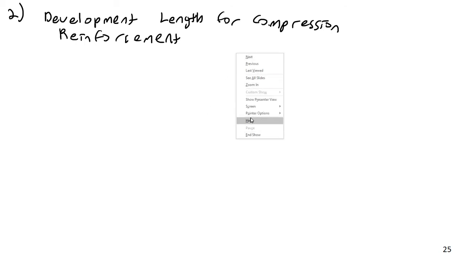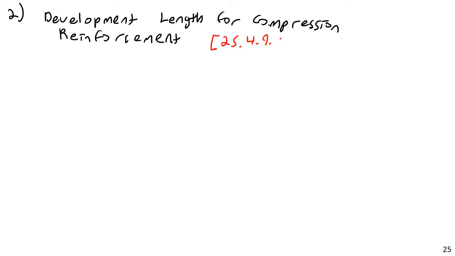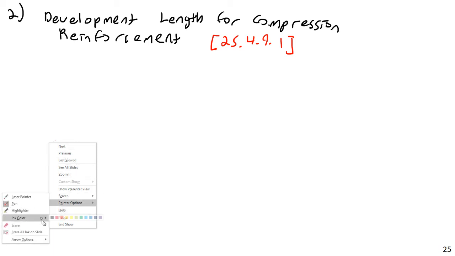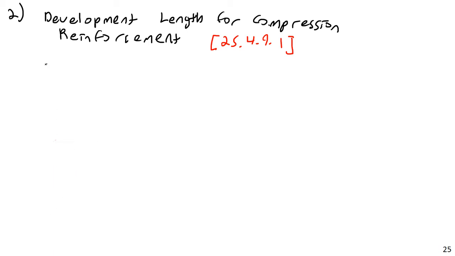And this one, thankfully, I'm not going to have to spend too much time explaining. The equations for this are found in section 25.4.9.1, and they introduce the quantity called L sub dc, which would be the development length for compression reinforcing.